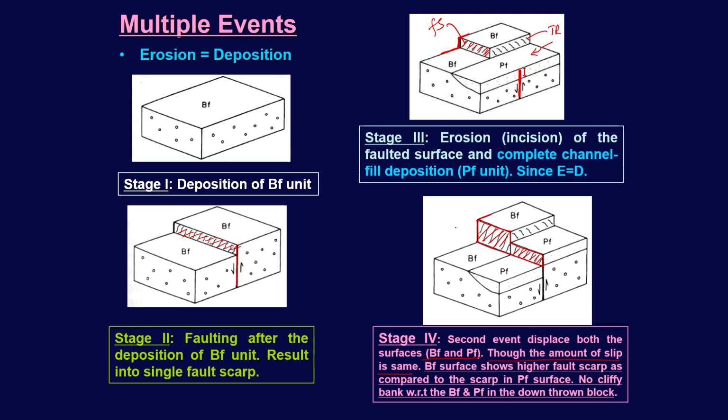Okay. So this height is almost double compared to the height over here. So this is the case of two events where you don't see the terrace riser along the downfaulted side. Okay.